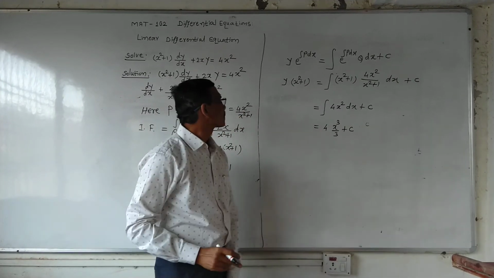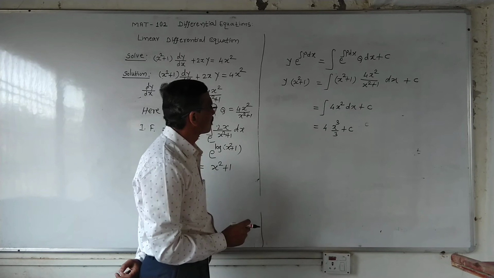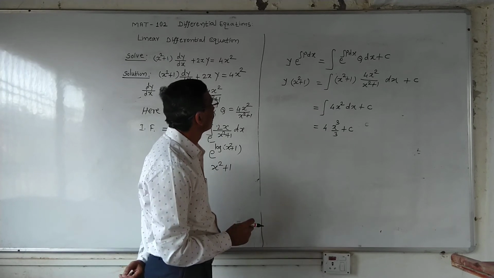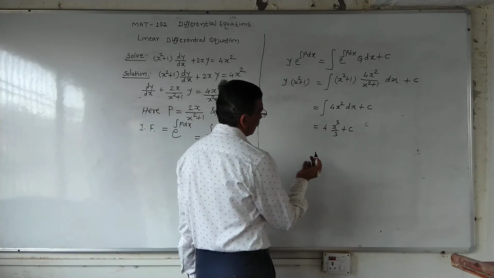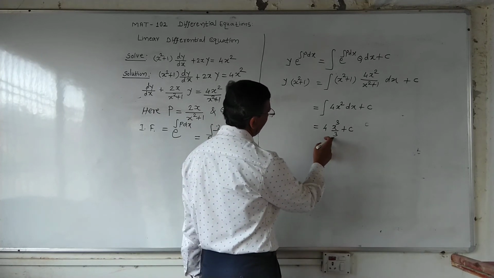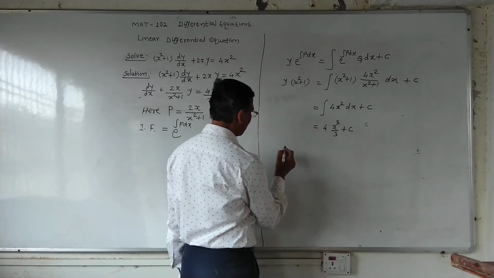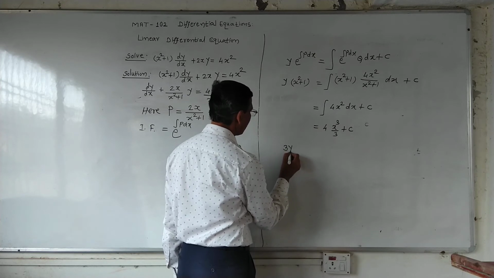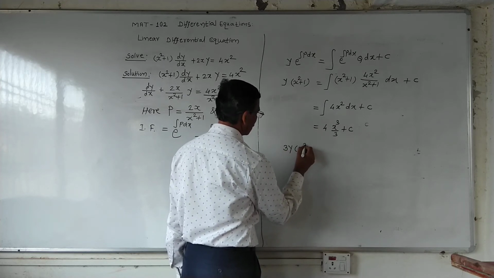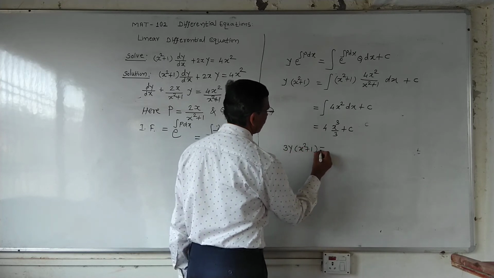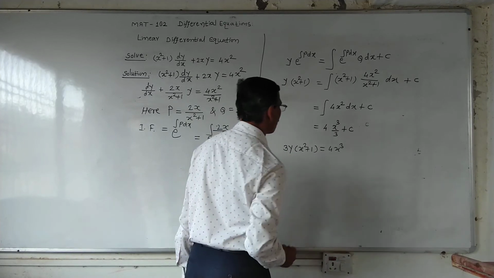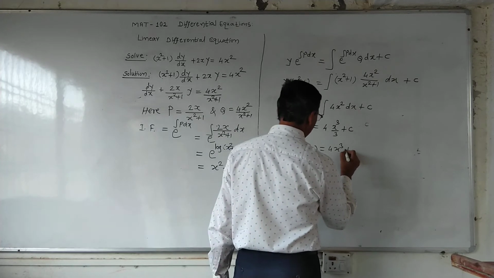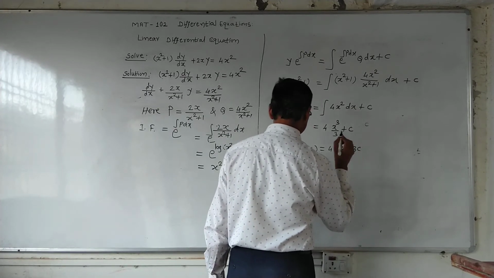And therefore, now we shall multiply both sides by 3. It will become 3y times x square plus 1 equals 4x cube plus 3c.